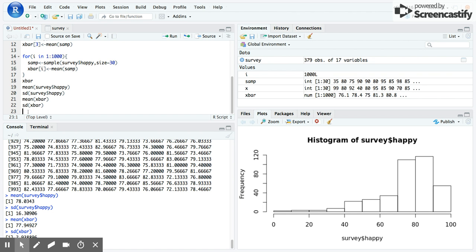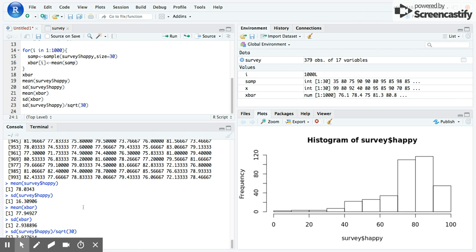it's the sampling distribution. So when I look at the standard deviation of survey happy, that's not the same as the standard deviation of these means. The standard deviation of these means is the standard deviation of the population divided by the square root of the sample size, which was 30.